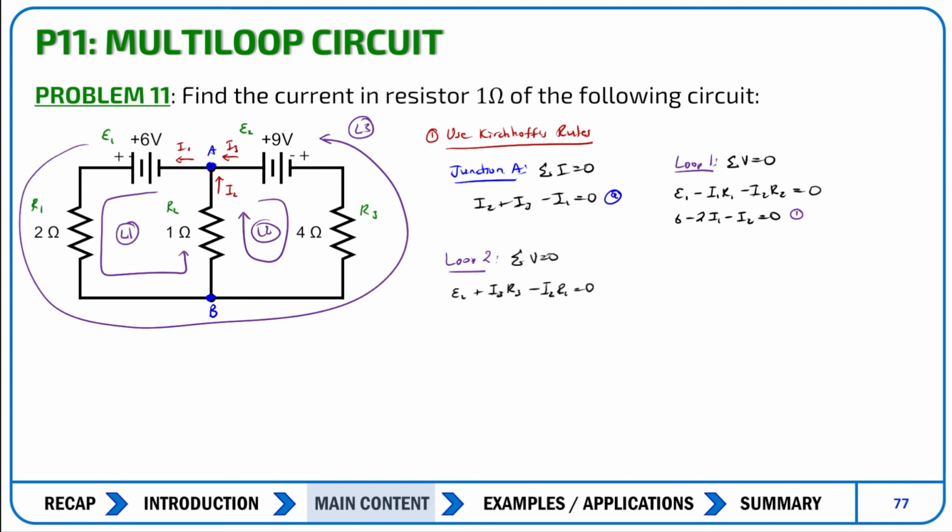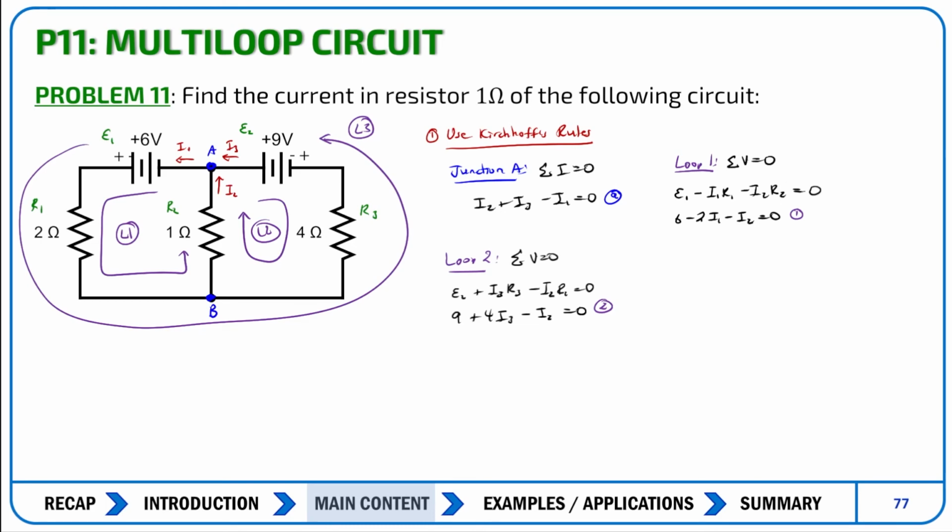Now I have to think, why is that? It's because of the way that it's been labeled. I3 is going into the junction A, and that's opposite to the current flow, opposite to the loop. So that's why we have to have plus I3 R3. So that gives us 9 plus 4I3 minus I2 equals 0. And we're going to label this as equation 2.